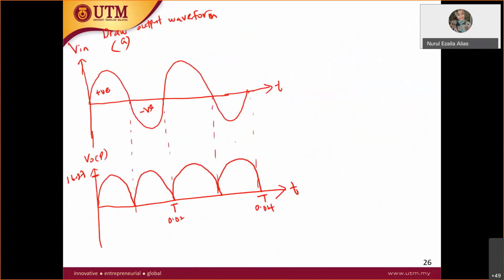So V average, equal to the VDC, equal to 2 V output peak over pi. How much do you get for this value? This is VDC. Go back to the formula just now.